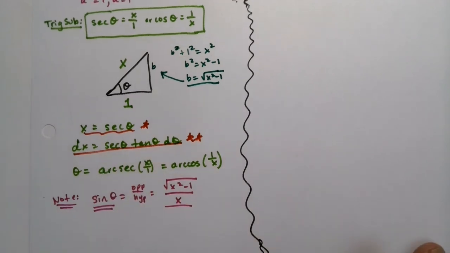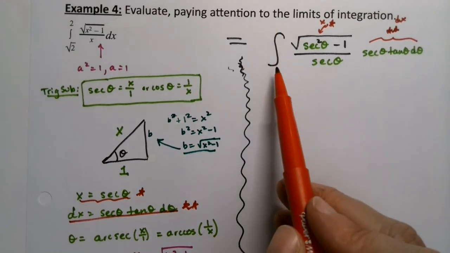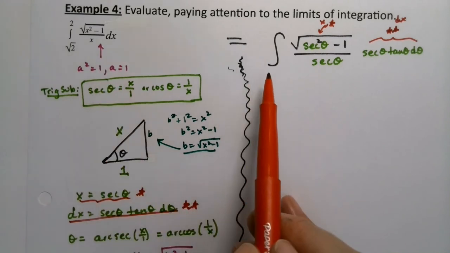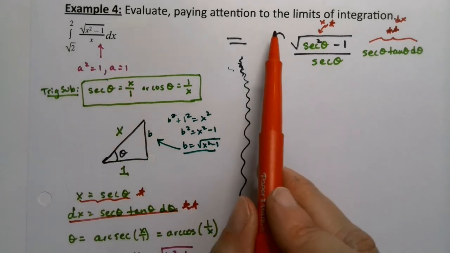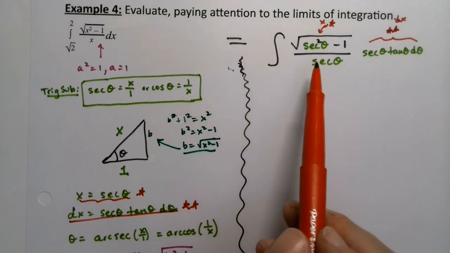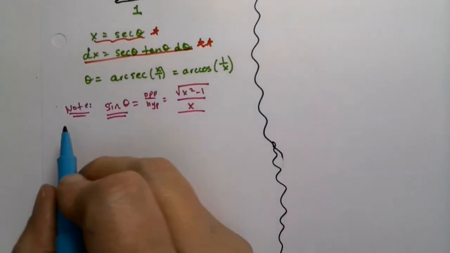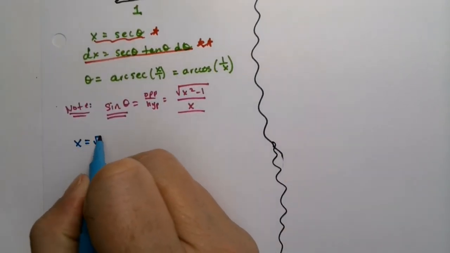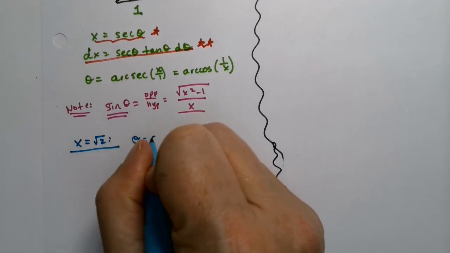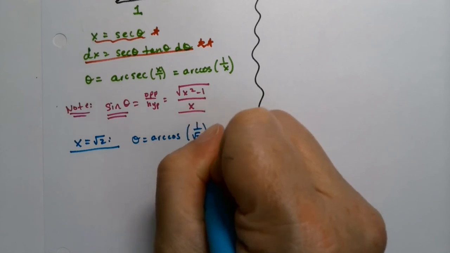Just give me time. All right, now there is one other issue that I need to address, which is the numbers. I don't actually want x anymore, right? I can't put the square root of 2 and 2 in here because the square root of 2 and 2 are x values. I don't have x values. I have theta values. So I need theta. So let's figure this out. When x is equal to the square root of 2, theta is the arc cosine of 1 over the square root of 2.